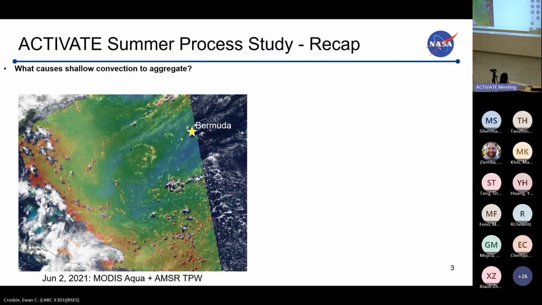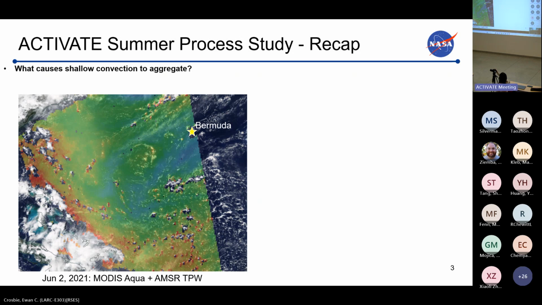Okay, just a quick recap. The idea for the summer process study spawned off of seeing pictures like this in the summer in our region. Quite often you see these clusters of clouds, and along with those clusters of clouds, you see variability at the mesoscale in the water vapor field.